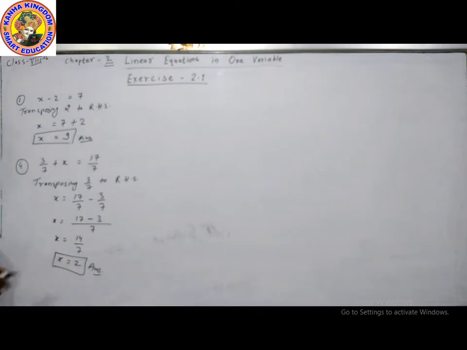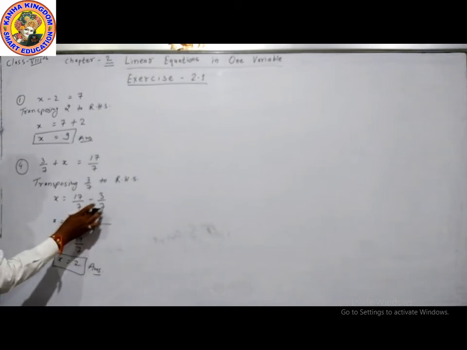So in the fourth question, 3 by 7 plus x is equal to 17 by 7. We have to transpose 3 by 7. The sign of 3 by 7 is positive. When transposing, this will be negative. Then x is 17 by 7 minus 3 by 7.